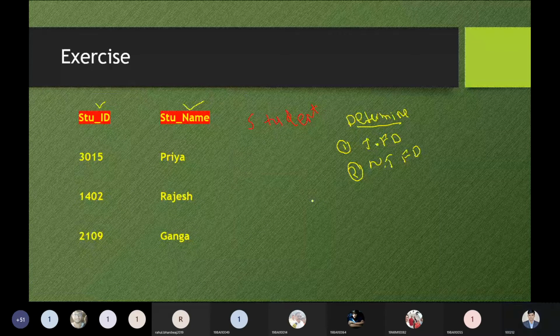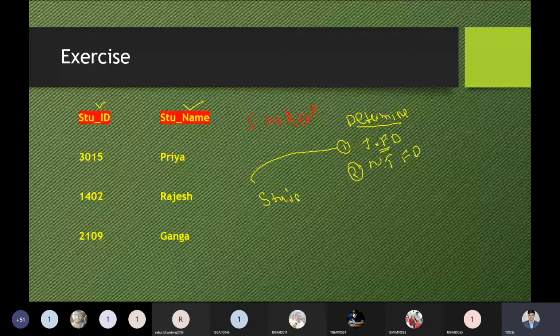A student says: a trivial one would be student ID determines student name. Okay, I agree with this point. I'm writing it here: student ID determines student name, so student name is dependent on student ID.